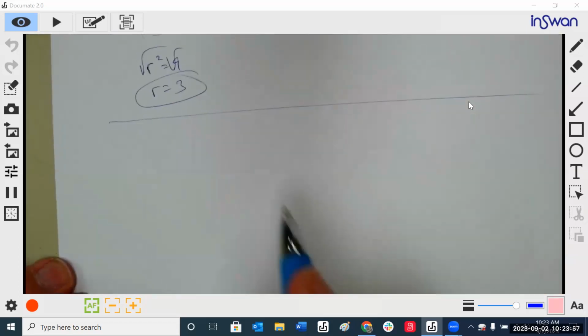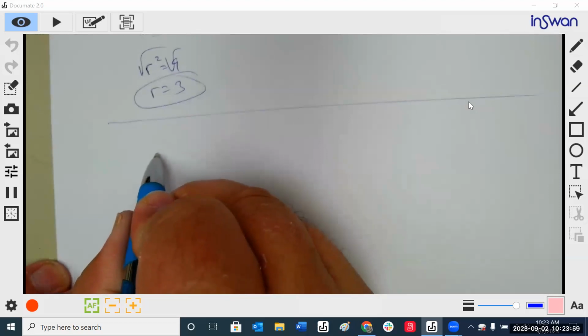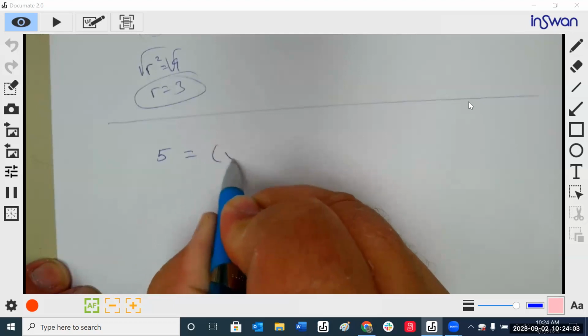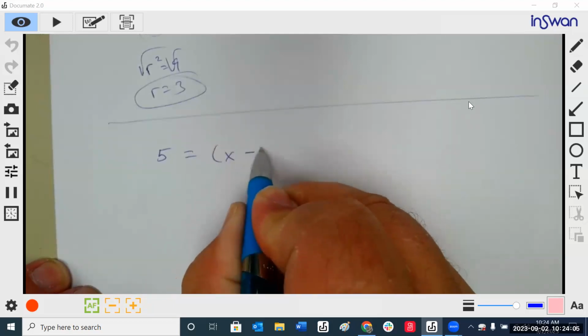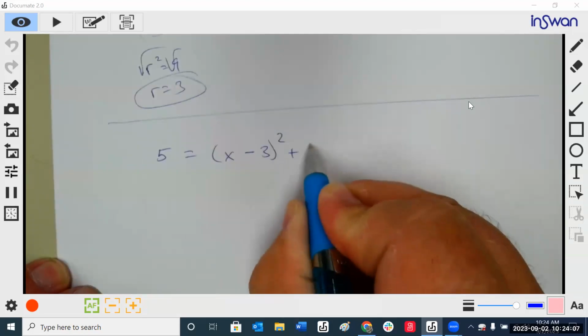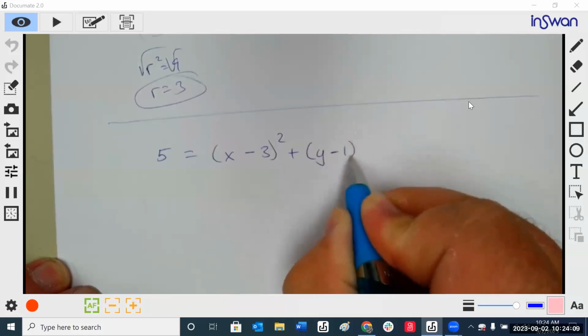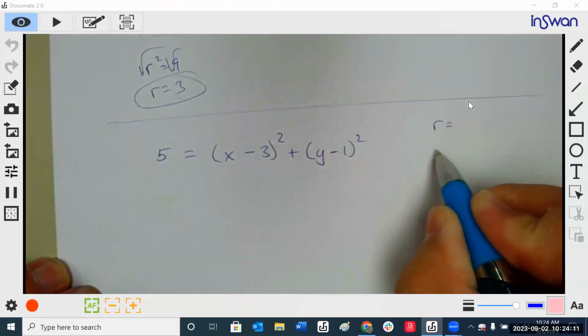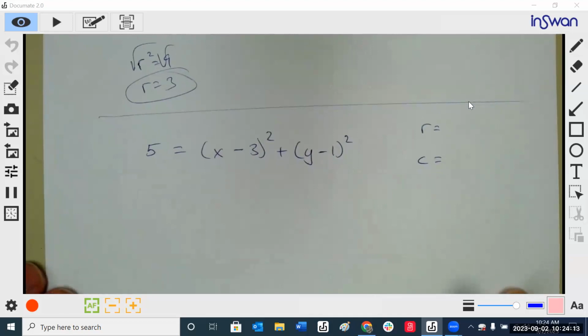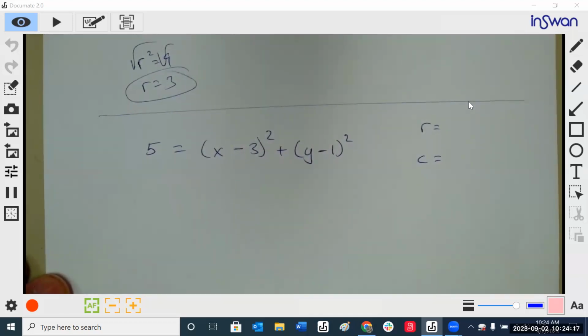Let me give another one like that. How about this one? 5 equals x minus 3 squared plus y minus 1 squared. The easiest one out of the two to find is which one?